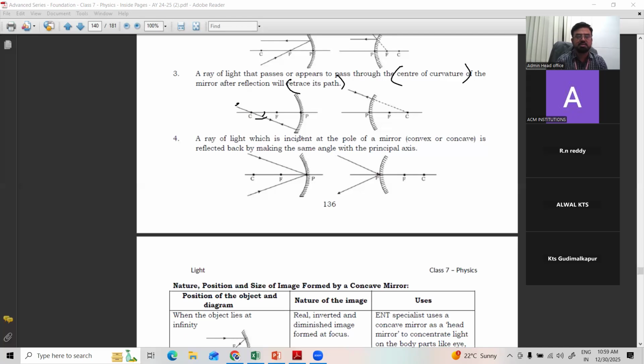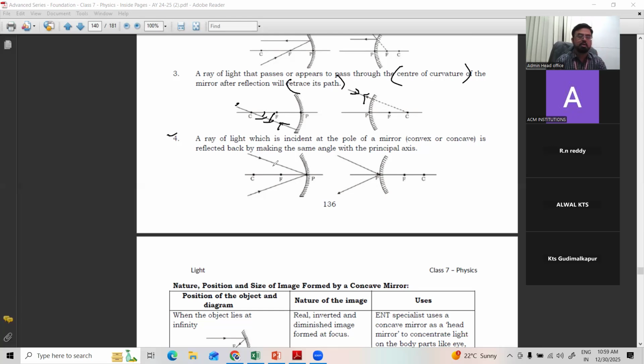It passes through the center of curvature and hits the reflecting surface. So after hitting, what happened? It returns back. Retrace means moves along the same path. However it comes, it moves along the same path. No deviation at all. Along the same line it travels. That is called retrace. So we are passing like this, and it is coming back like that only. That is also the third rule.